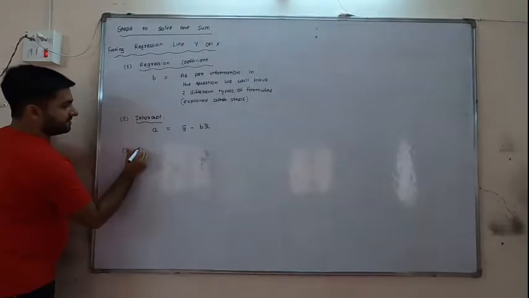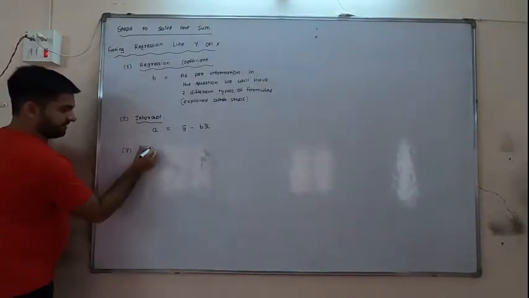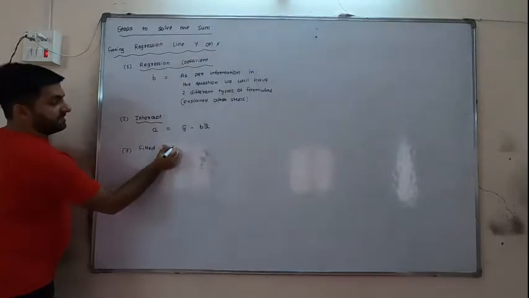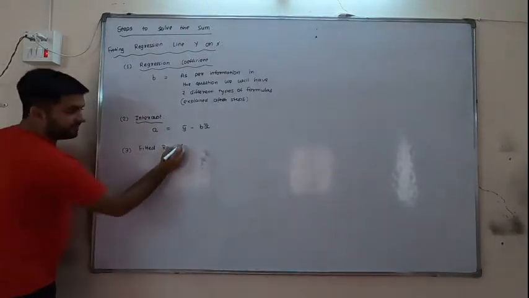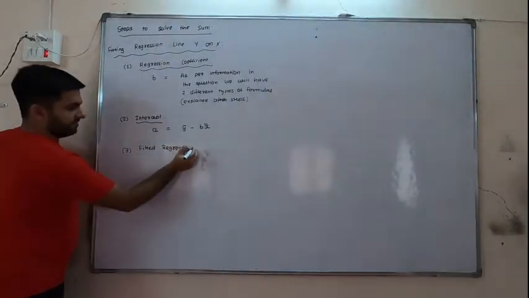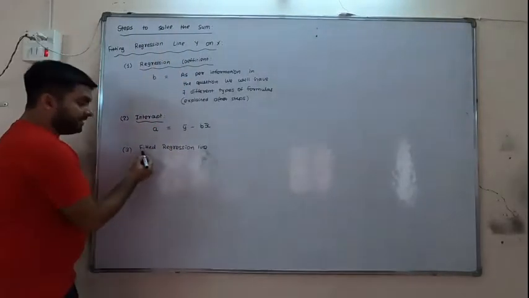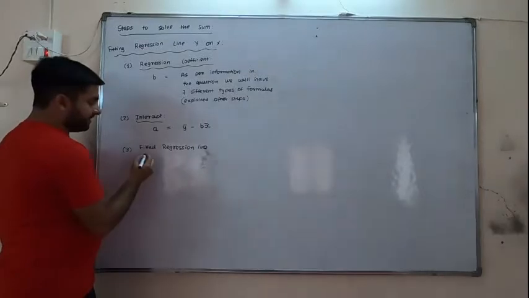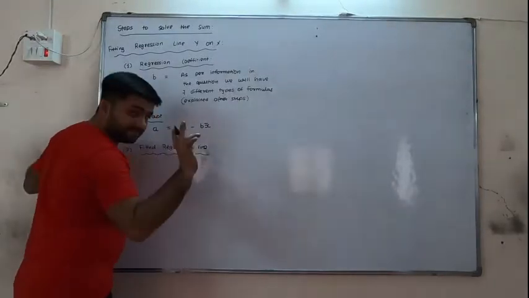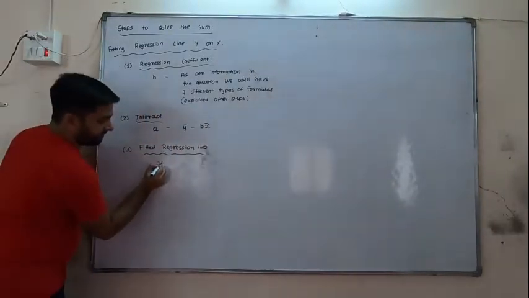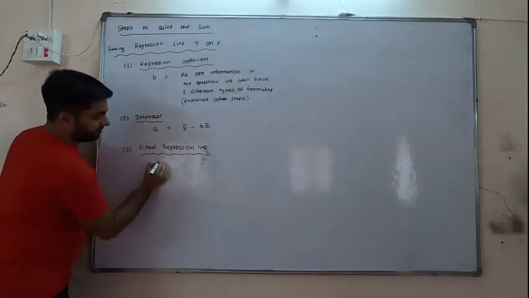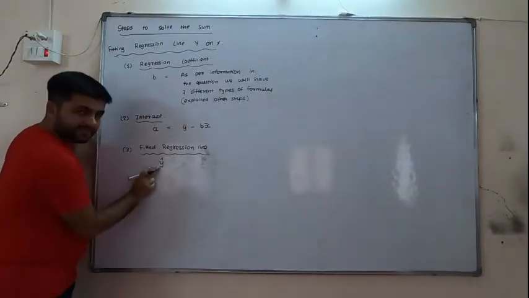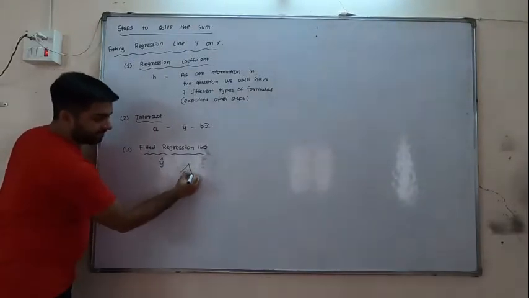Third step is the fitted regression line. Here we write fitted regression line, and this is the equation. We write y cap, this y is small, and this is a cap.